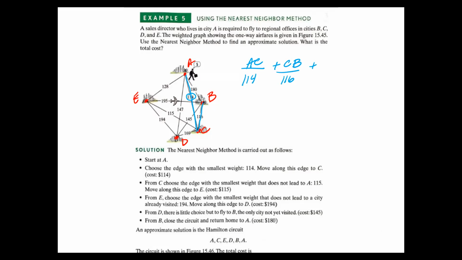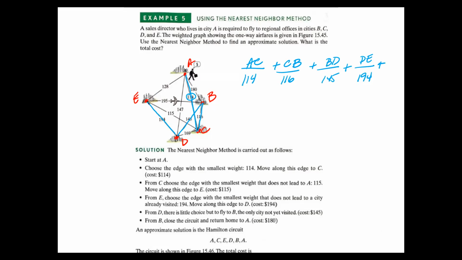From CB, we're then going to go to BD, which is $145. From BD, we're going to go over to DE, which is $194.